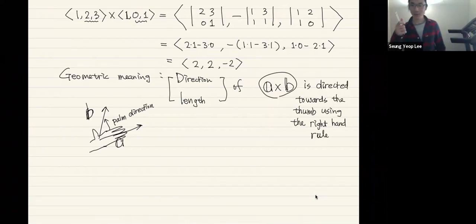A cross B always produces a vector perpendicular to both A and B. And that's why it only works in 3 dimensions, because in 2 dimensions, with 2 vectors, there's no perpendicular direction. You can talk about the perpendicular direction to two vectors only in 3 dimensions, right?